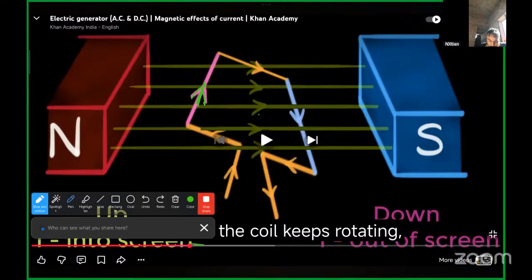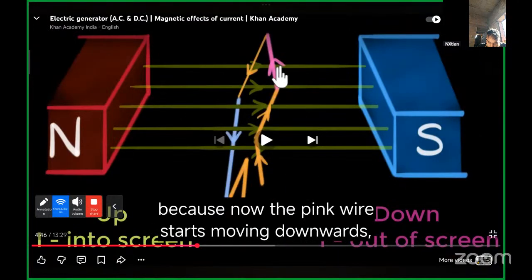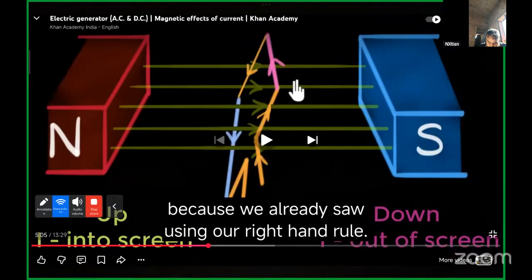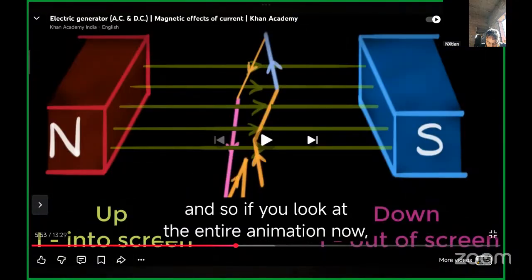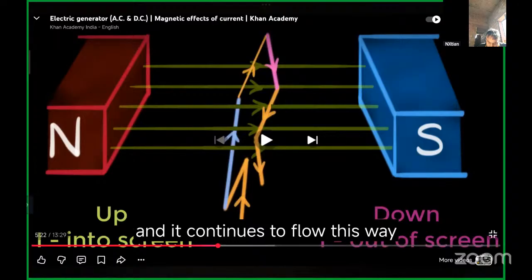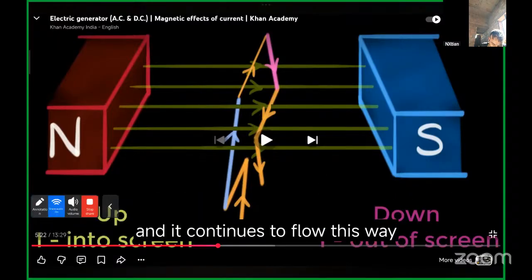How? Like if I move in this direction, now in the blue wire, where the current was going in this direction, it now moves towards the upward direction. So what happened, basically, if I make a graph of this?